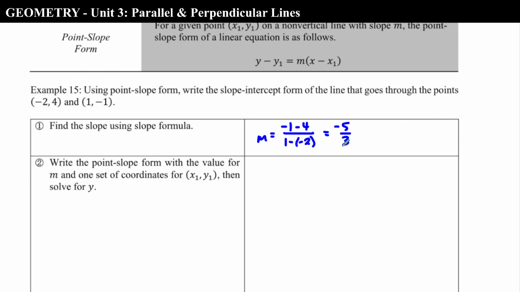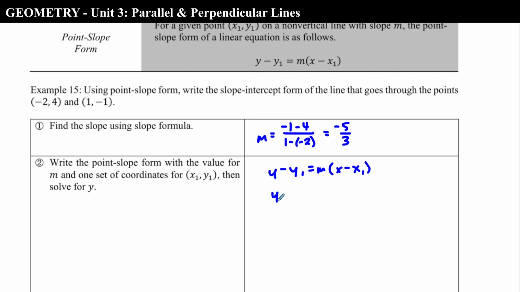But now instead of having to find a y-intercept, we can just use this formula to directly plug in. So y minus y1 equals m times x minus x1. You'll notice that this is very similar to the slope formula. That's because if you multiply each side by the denominator of the slope formula from the right-hand side, you will get point slope form.